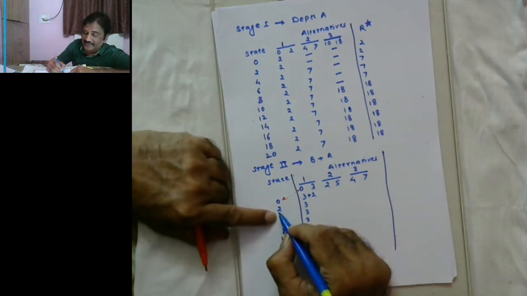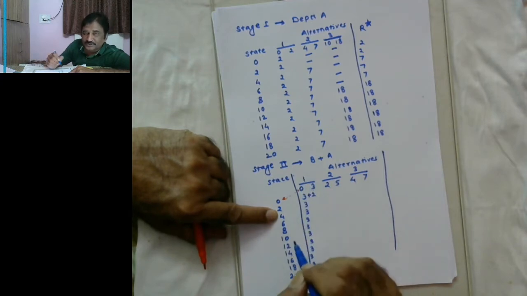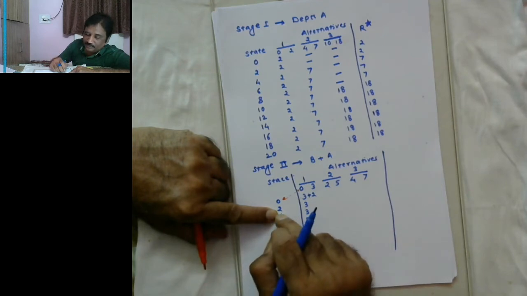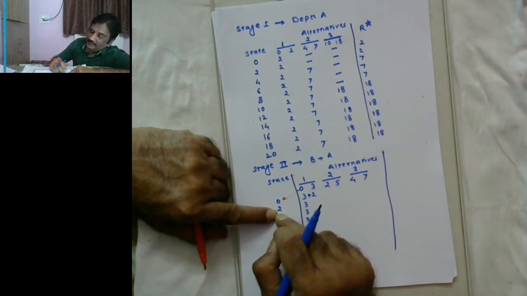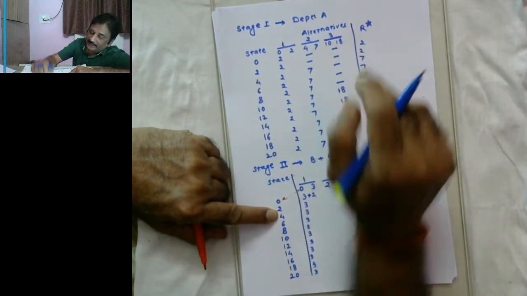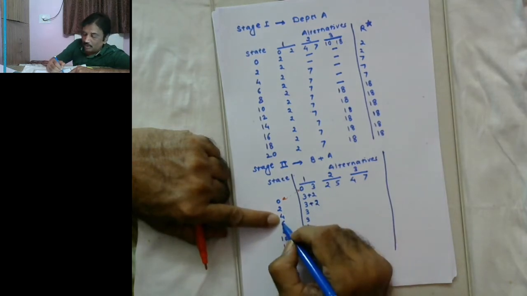Now suppose I have 2 crore rupees at my disposal and I have invested 0 crore rupees by choosing the first alternative. 2 crore are balanced with me, and for this 2 crore I'll be investing in the previous stage, and for that 2 crore I have the optimal return of 4.